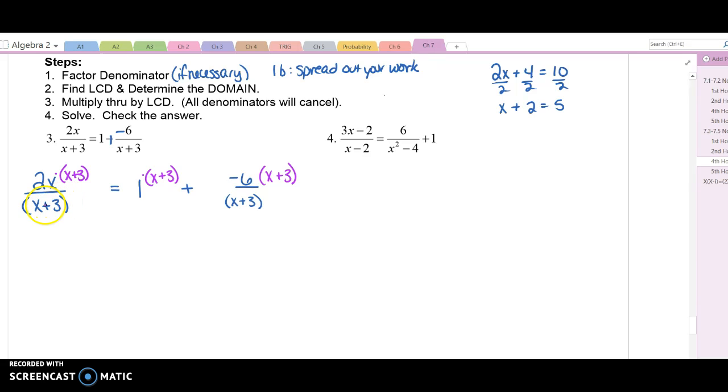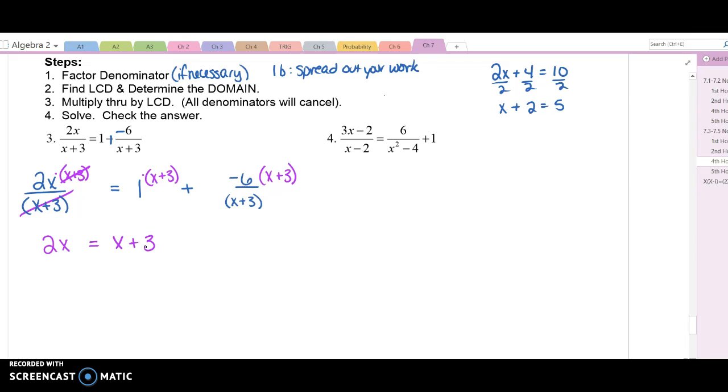But the cancel dance is, in this first term, we now have a factor of x plus 3 on the top and the bottom. They cancel, leaving us with simply 2x equals. The next one isn't a fraction, so we have 1 times x plus 3, which if we distribute is still just going to be x plus 3.